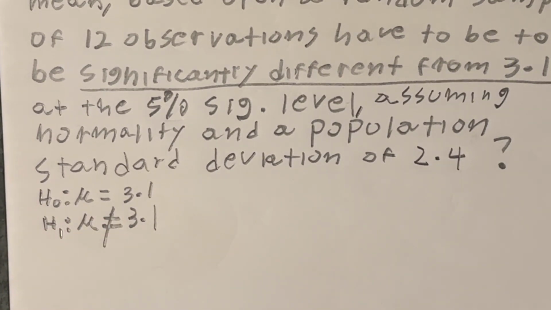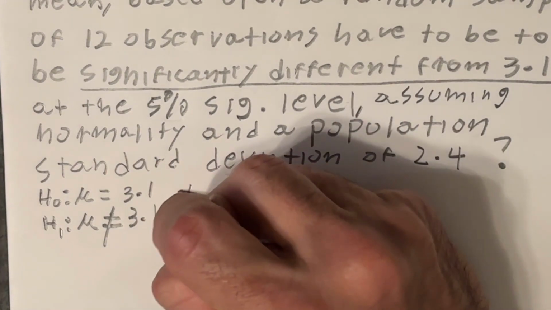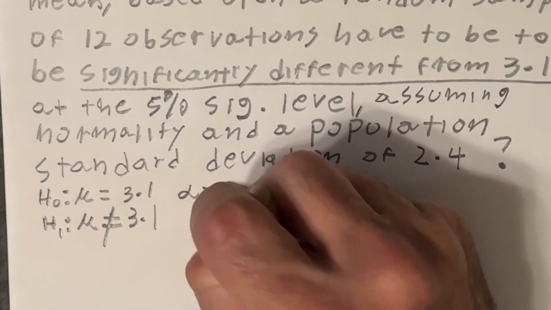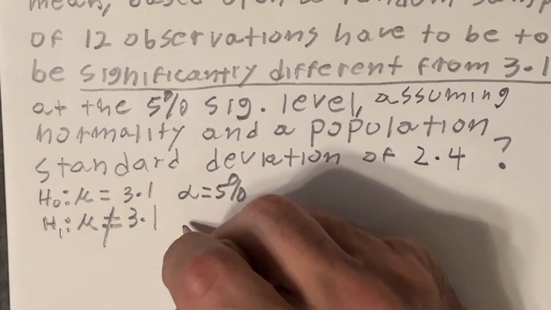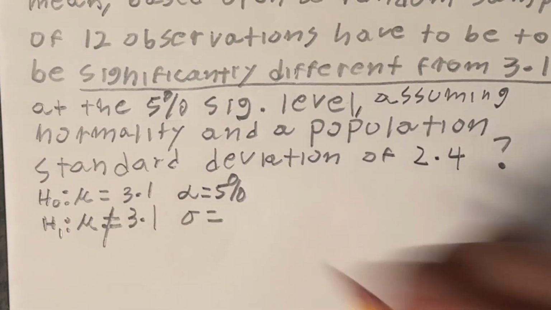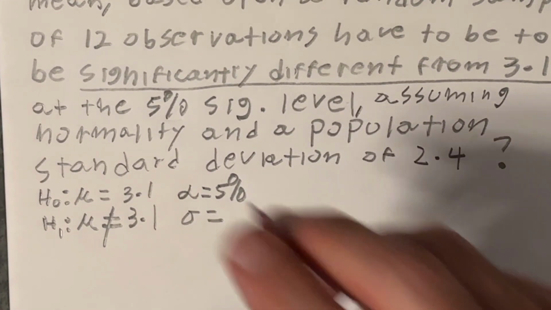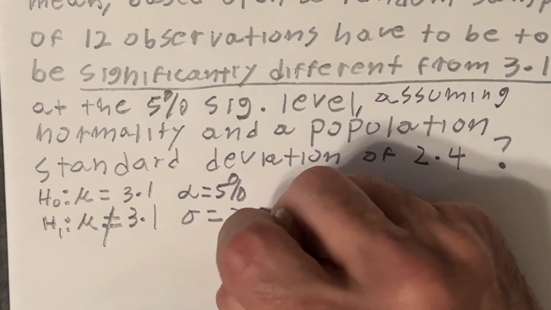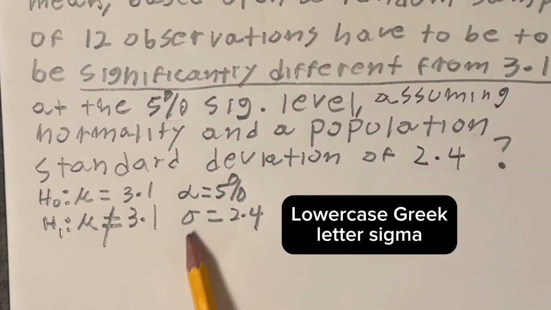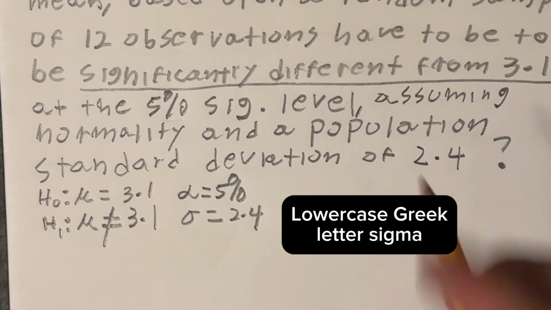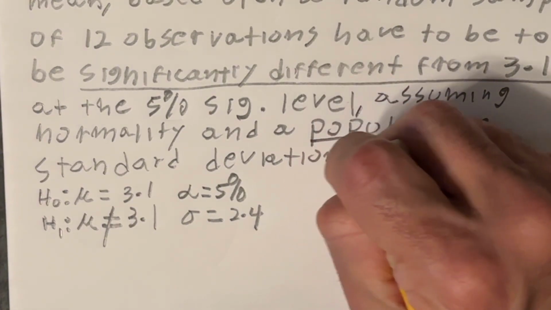The next thing we have is that alpha equals 5%, and we have that the standard deviation is equal to 2.4. Now notice I used the lowercase Greek letter sigma for the standard deviation because this is a population standard deviation.